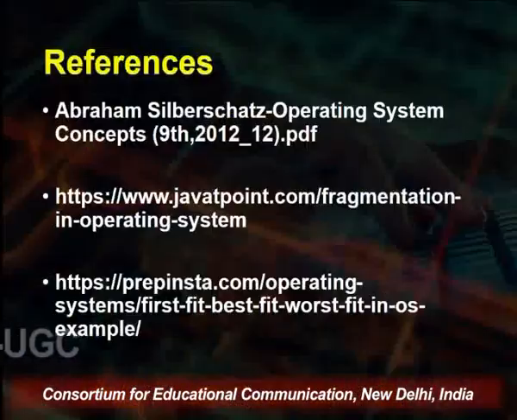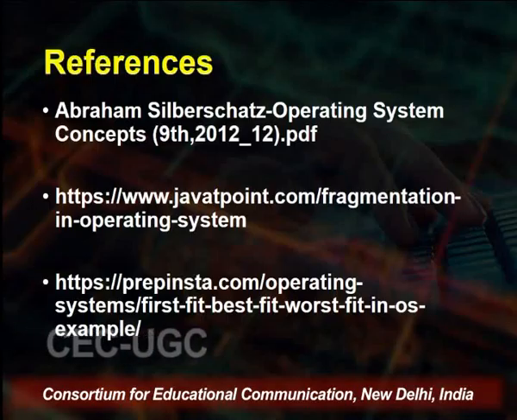That is best fit, worst fit and first fit. Among these three techniques we have covered one, the first fit technique. Best fit, worst fit, and the upcoming topics of fragmentation and segmentation we will take up in the next lecture. Here is a list of references used for the preparation of the lecture.